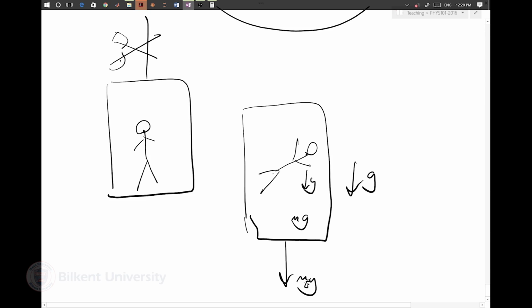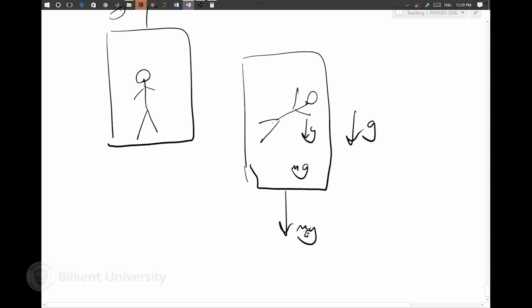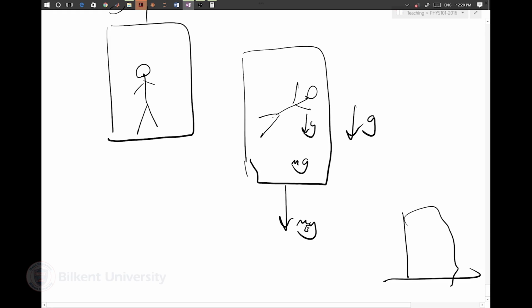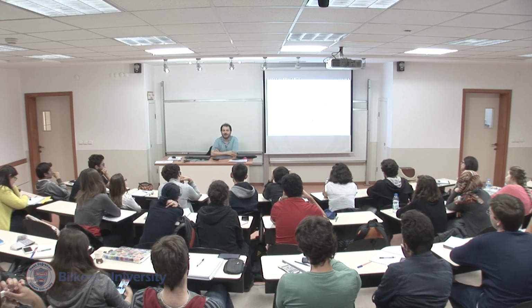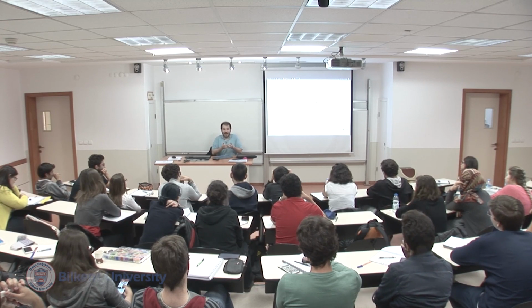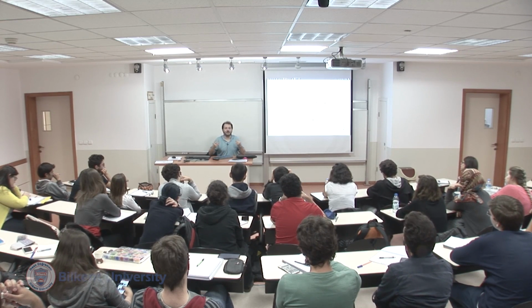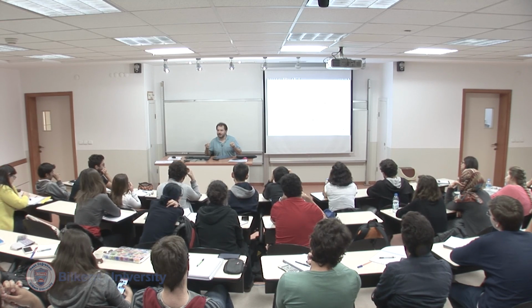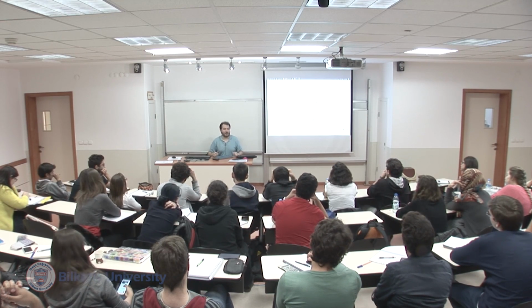You're weightless until the moment of the crash, of course, and it's not going to take very long. However, the important thing is that if both the elevator and yourself are in free fall, you do not experience weight with respect to this environment.